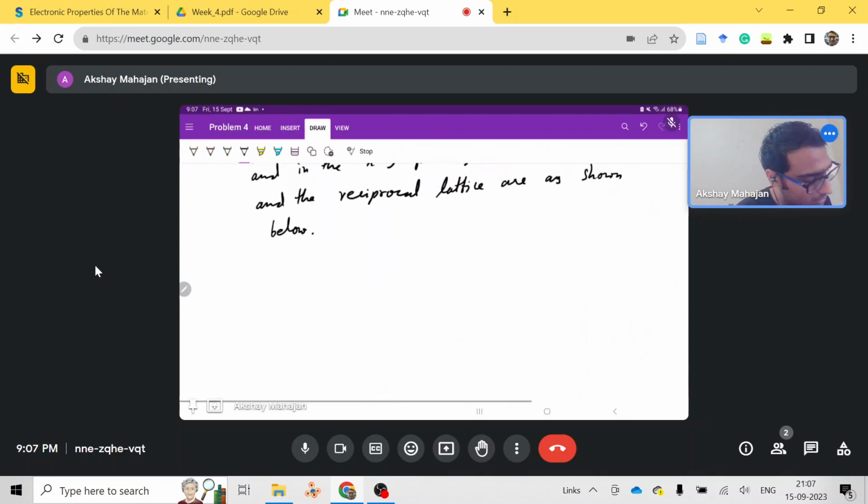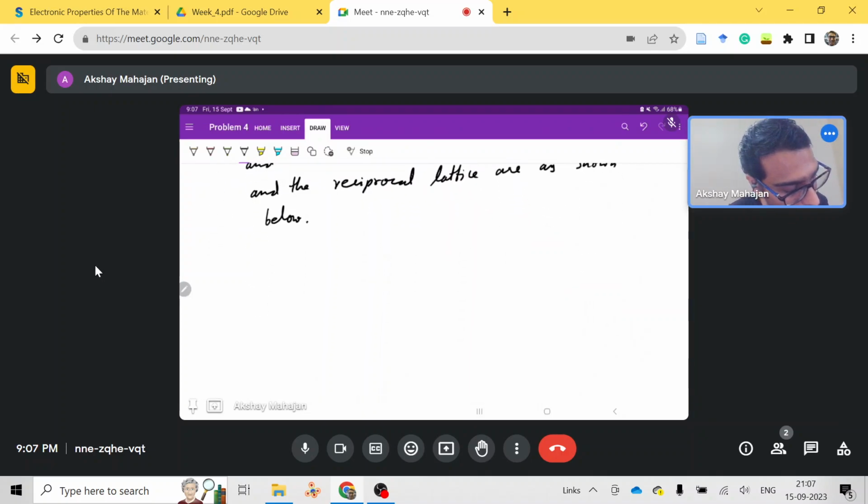So we can make our lattice and reciprocal lattice. This you can check.